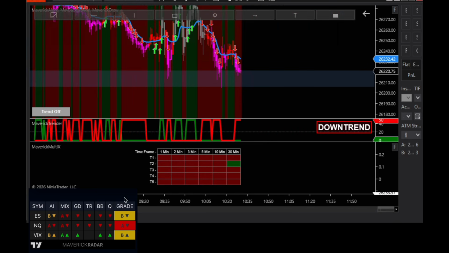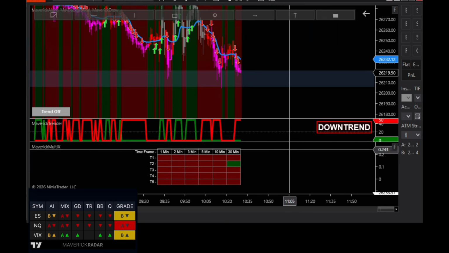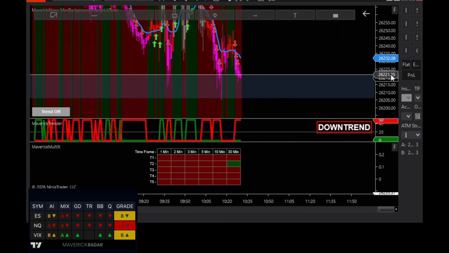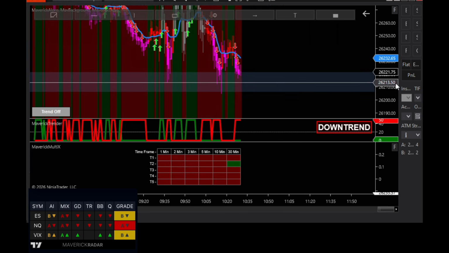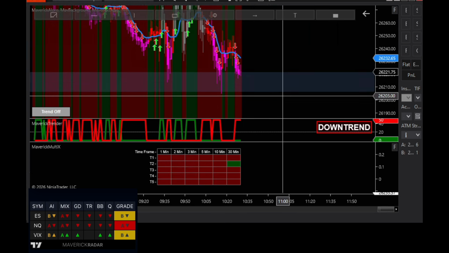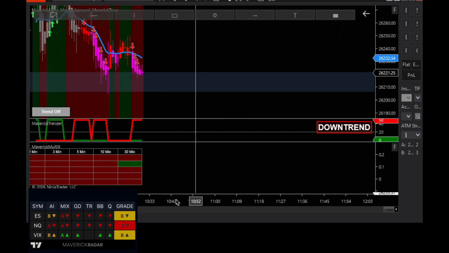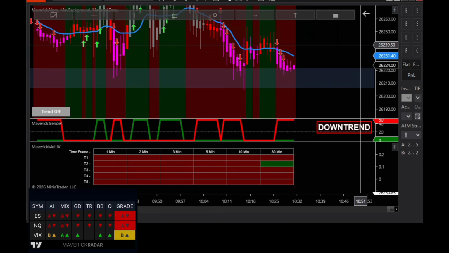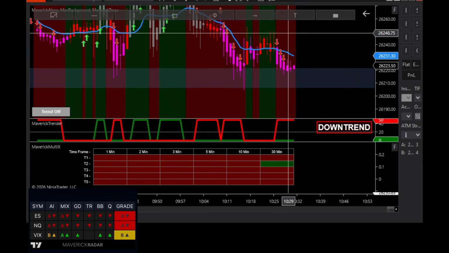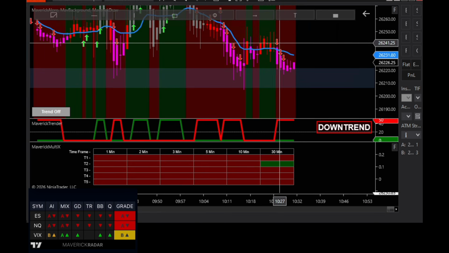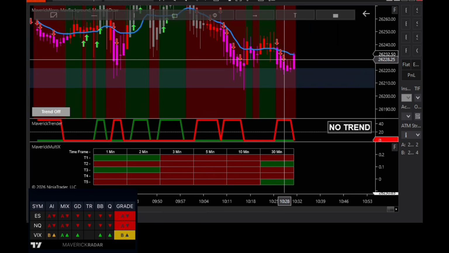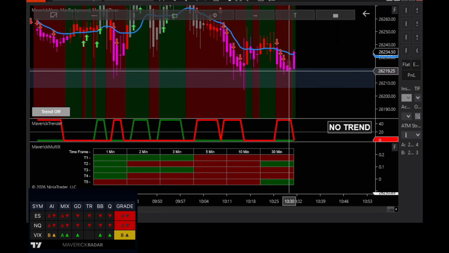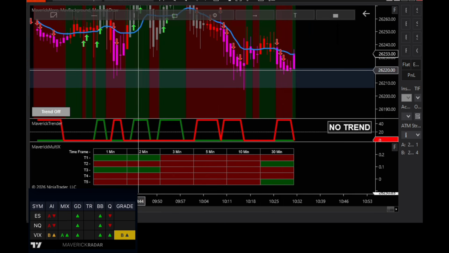But if we get an A grade on ES and NQ and they're all aligned, man, I'd be willing to see if we can break through here. But let's see. So you have a red background. Bears are in control. You have 1, 2, 3 down confidence arrows. Yep, see it push up. Big support area right here.